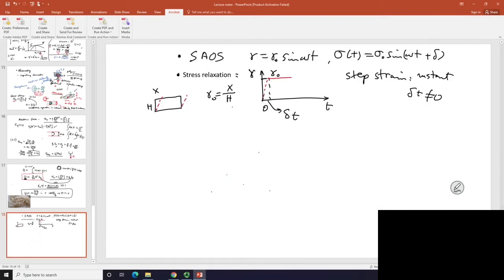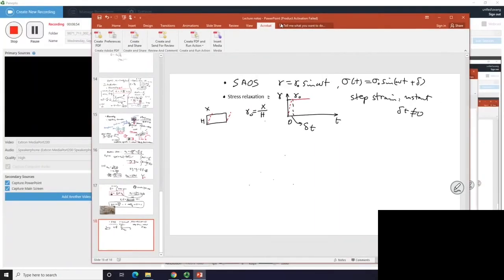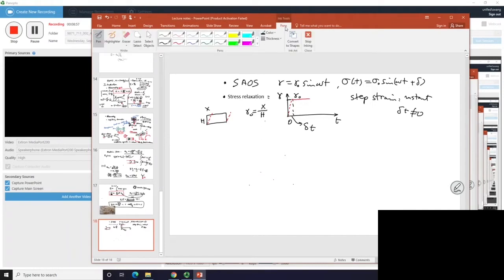So in that sense, this step strain will tend to be valid theoretically as long as it's much shorter than the dominant relaxation time. As long as that's the case, you have achieved a very sound imposition of the strain. So this is the condition, really.